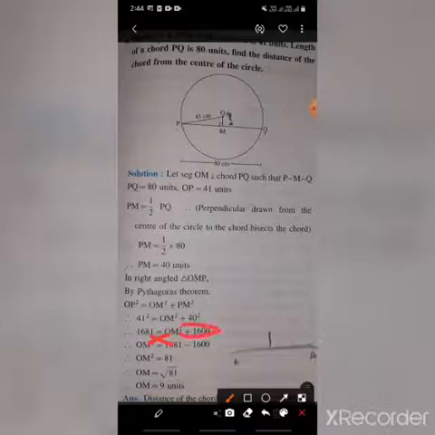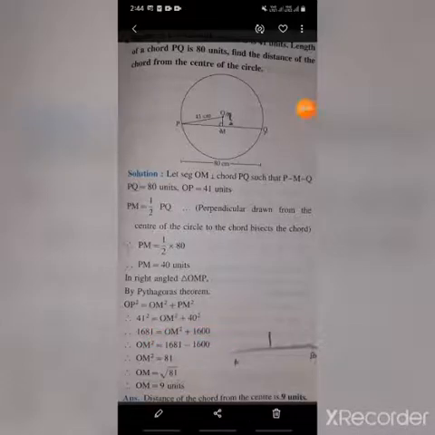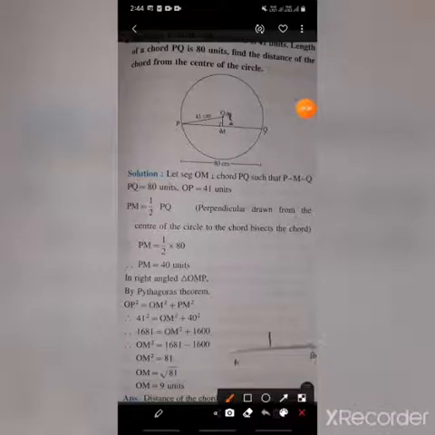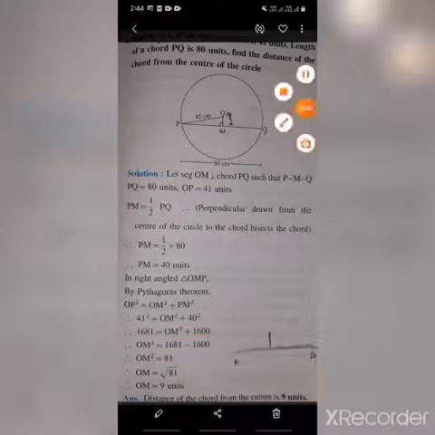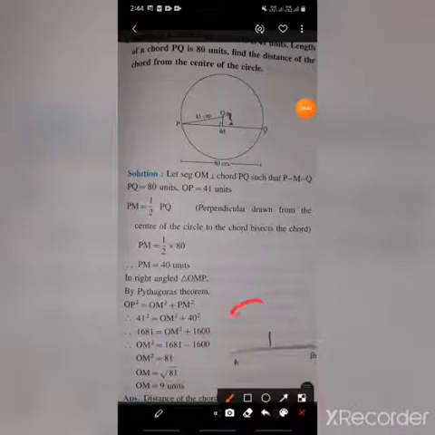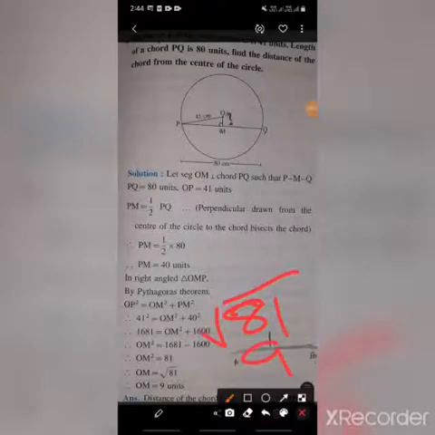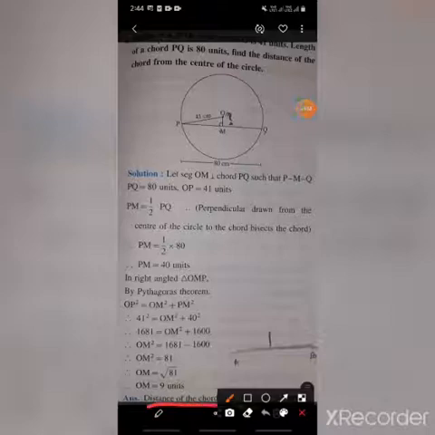Then this one is in plus sign. When we change the side it becomes minus sign. So 1681 minus 1600, the remaining part will be 81. 81 when we put in a root will be 9 because 9 nines are 81.